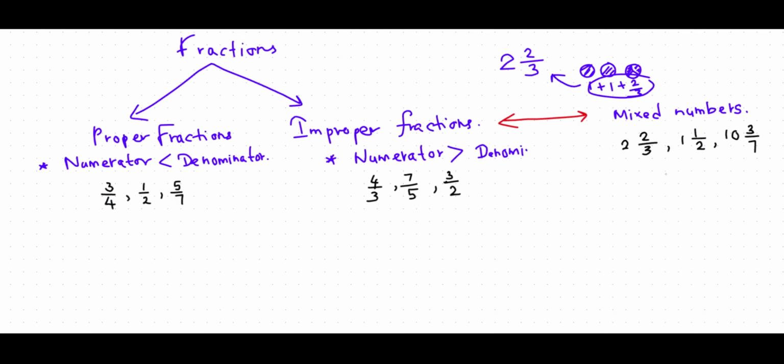Then under proper fractions, I wrote 1 over 2. If I write one more fraction like 1 over 10, now 1 over 2 and 1 over 10 have a similarity. Check the numerator. The top number is 1, always 1. So we call these fractions unit fractions. This comes under proper fractions.